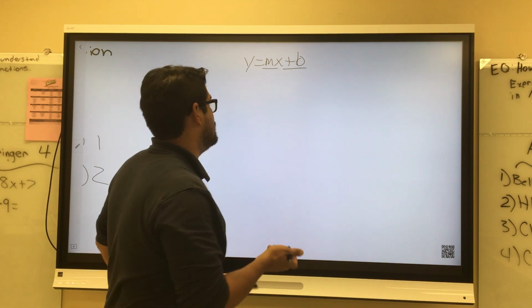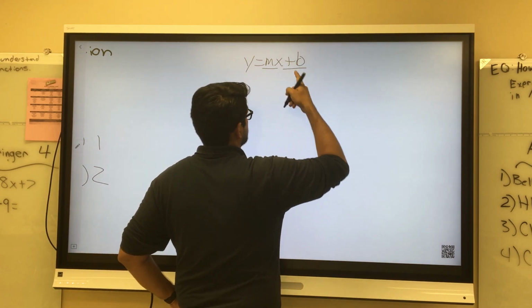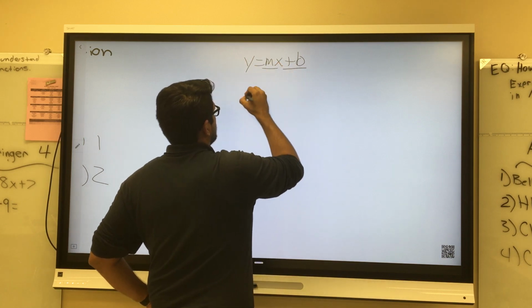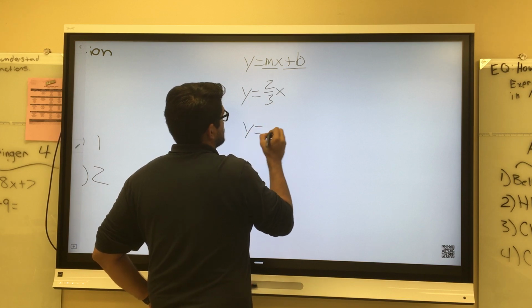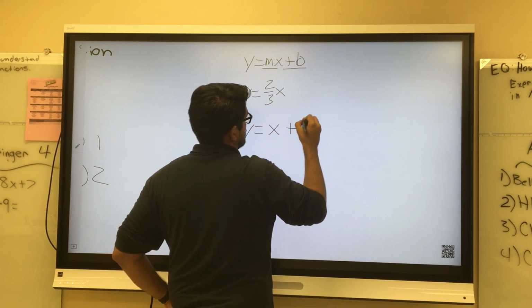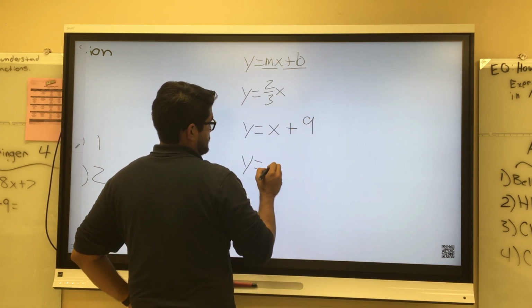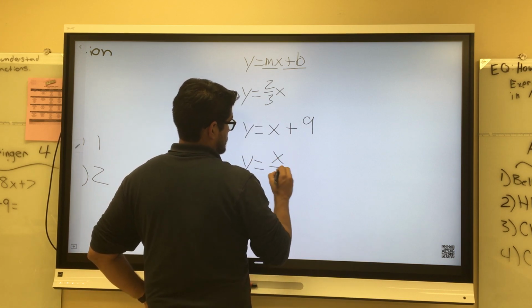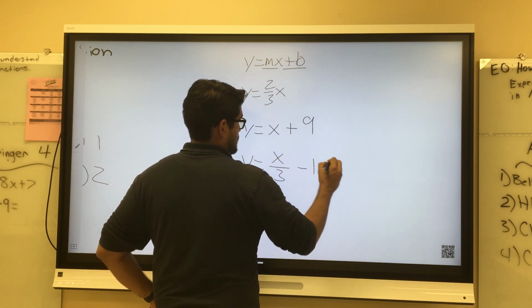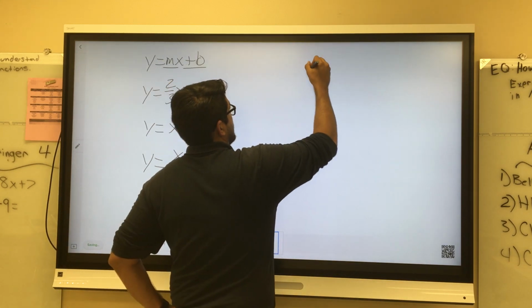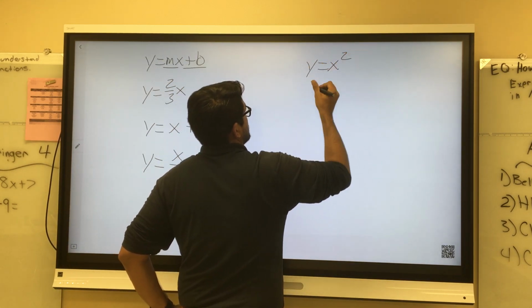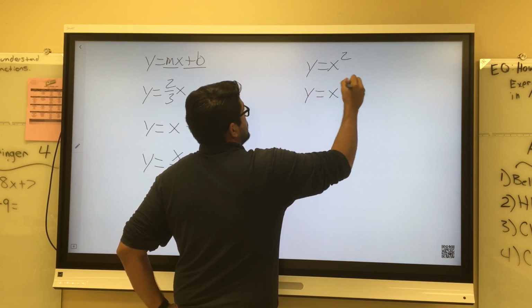What you're not allowed to do, okay, so these are all linear functions. This is a linear function. This is a linear function. This is a linear function. Okay, these are not linear functions. This is not a linear function because it has an exponent. Neither does this one.